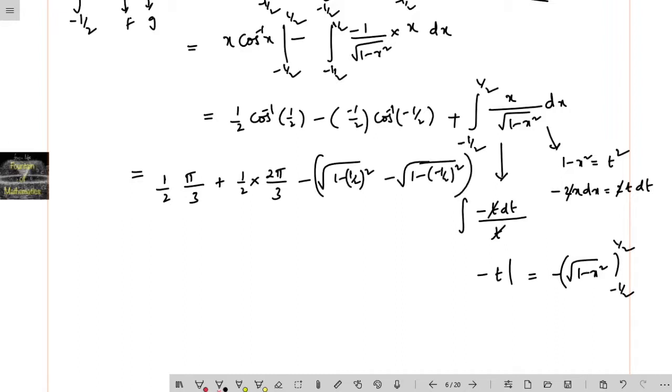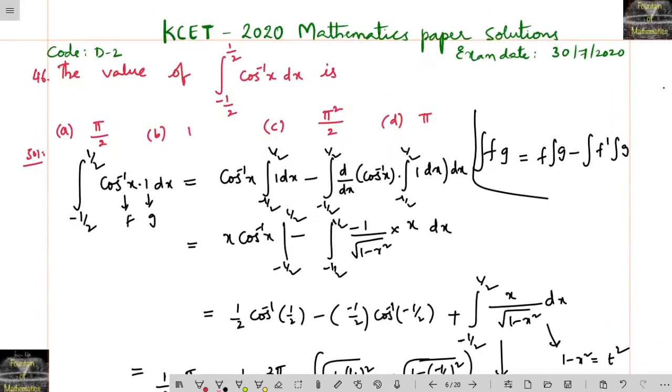Both give the same answer, so they cancel. So we get pi divided by 6 plus pi divided by 3 minus 0, which is 30 plus 60, that is 90 degrees. So pi by 2 is the answer, the first option.